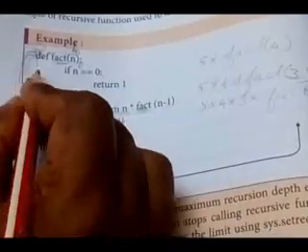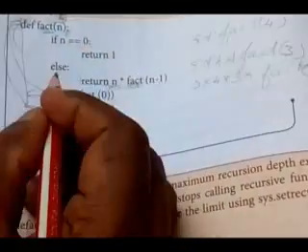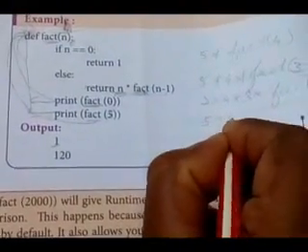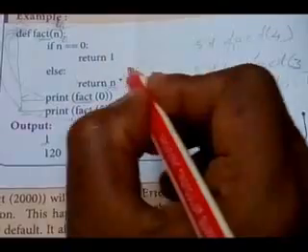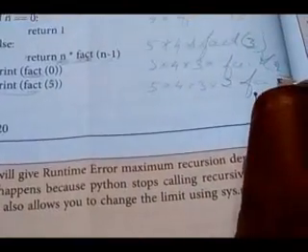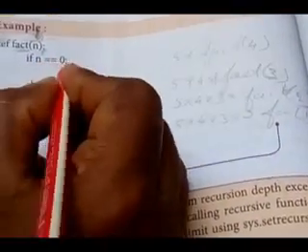Again the same function is called here with 2. 2 equal to 0, false. Again it comes here, n into fact of n minus 1. What is 5 into 4 into 3 into, now n is 2. 2 into fact of n minus 1. That means fact of 1. Coming here, 1 equal to 0, false.